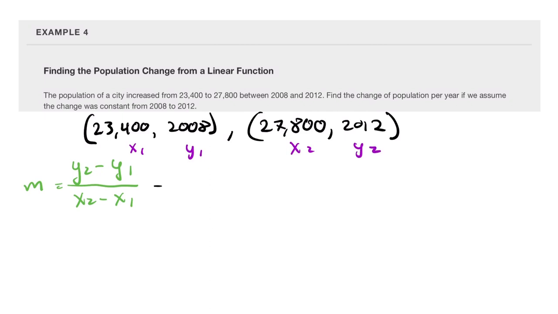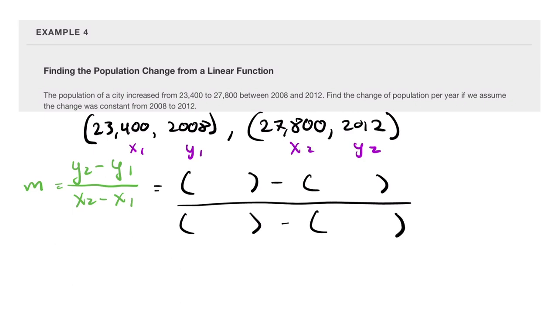So if we're going to find the slope, y2 minus y1 over x2 minus x1. My y2 is 2012. My y1 is 2008. My x2 is the 27,800. My x1 is the 23,400.